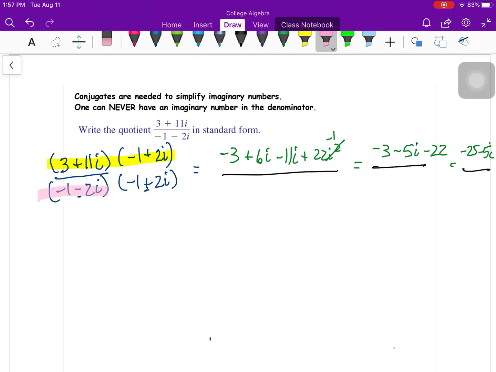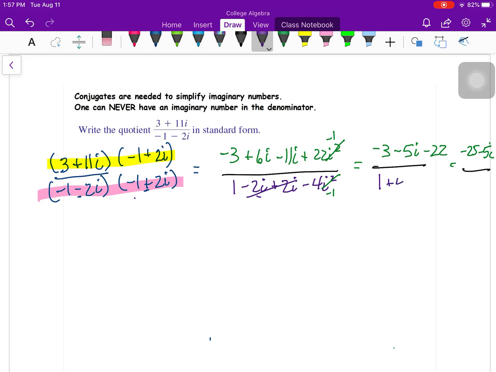Now I'm going to do the denominator. Negative 1 times negative 1 is positive 1. Negative 1 times negative 2i is negative 2i. Negative 2i times negative 1 is positive 2i. Negative 2i times positive 2i is negative 4i squared. Again, this cancels, so I get 1. i squareds get replaced with a negative 1.